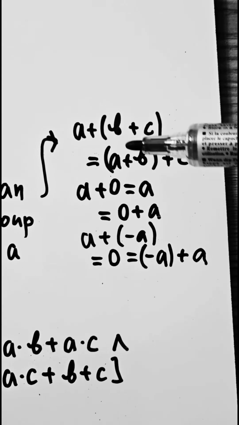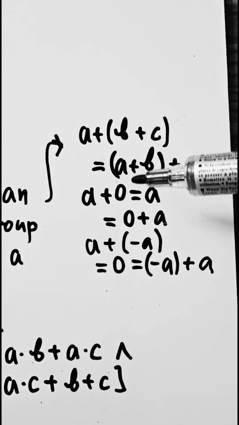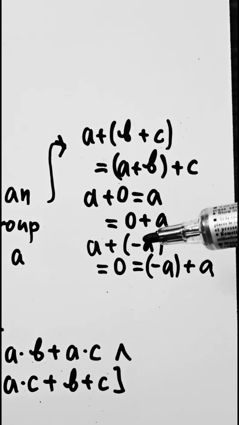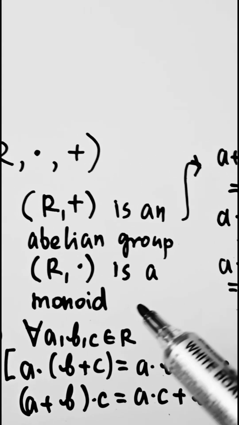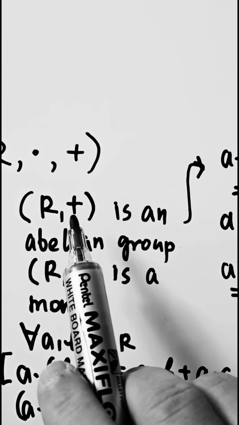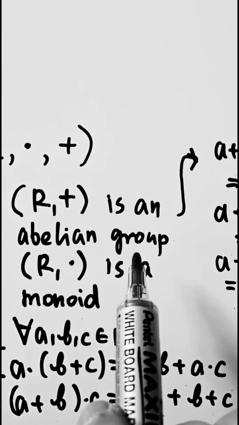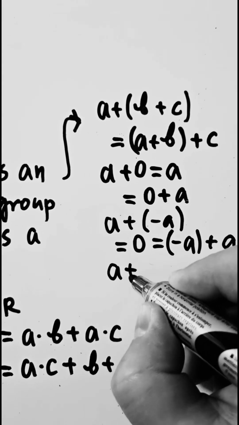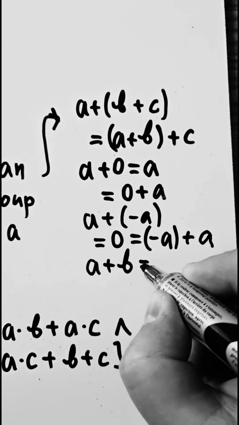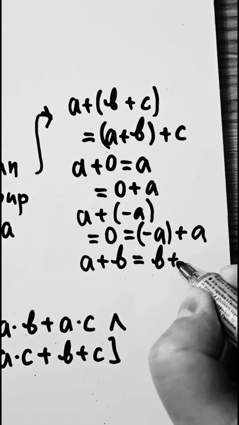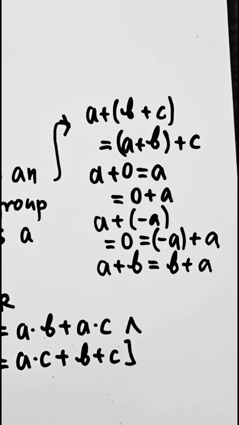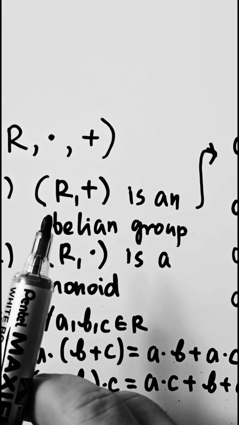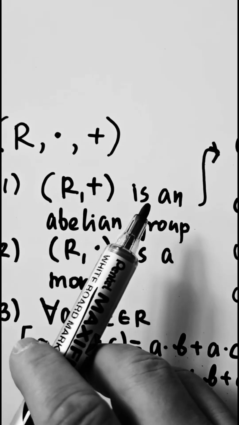These three properties that must hold for all a, b, c in the first case, for all a in the second case, and for all a in the third case, would make R with a plus a group. What makes a group an abelian group is an additional property that the addition is commutative. In other words, a plus b is always equal to b plus a. So that's what it means for R with a plus to be an abelian group.